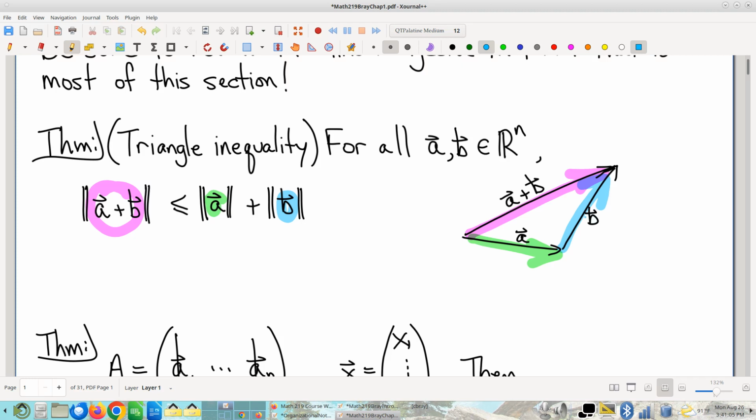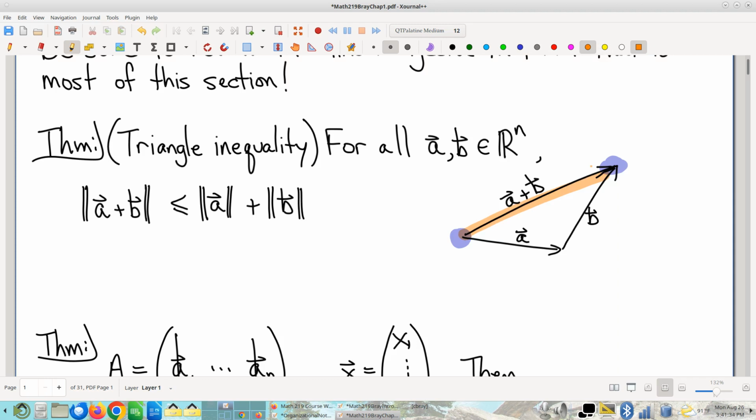And notice that this makes a triangle, and notice the magnitudes of these three vectors are the sides of that triangle. And if I were to look at that point, and if I were to ask what's the shortest distance between those two points, well, the shortest distance is the straight line, of course.